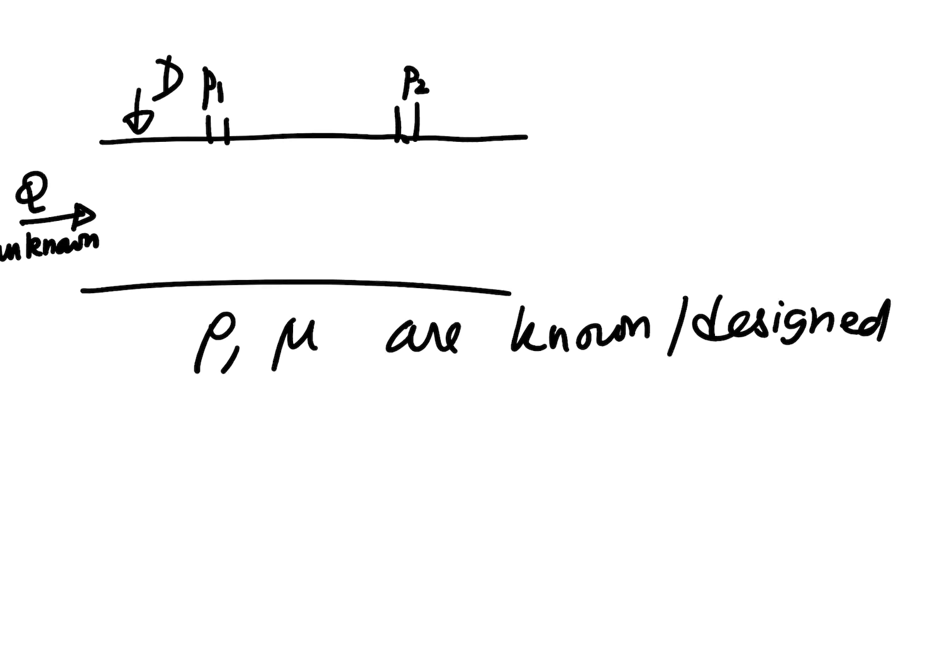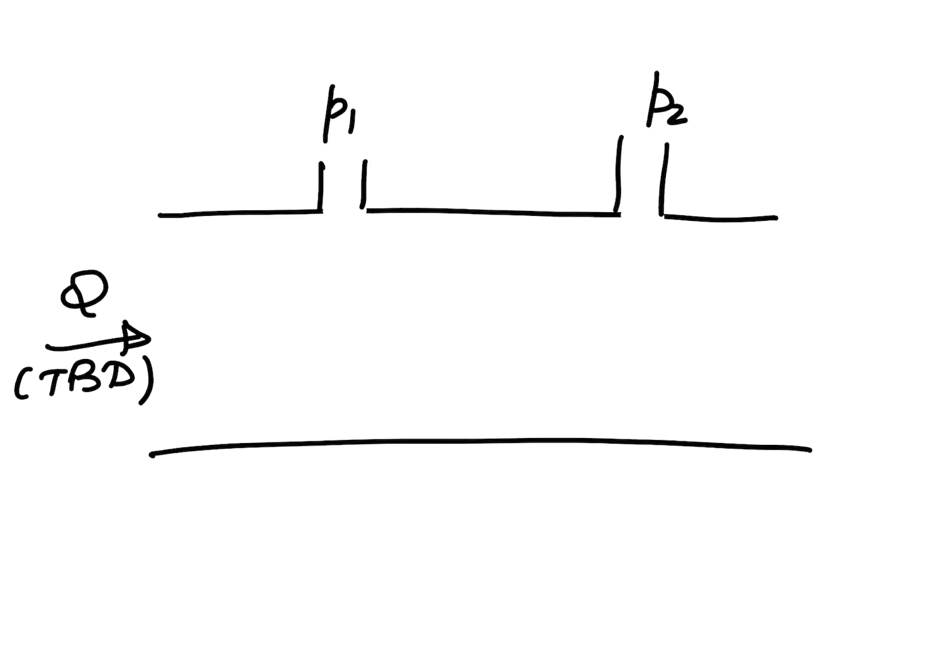Let me try again. I'm going to start again from the first. So we start with a pipe through which there is a flow rate Q, which we aim to measure. This is to be determined. And then we drill 2 tap holes wherein we insert pressure taps that can record P1 and P2 or P1 minus P2.